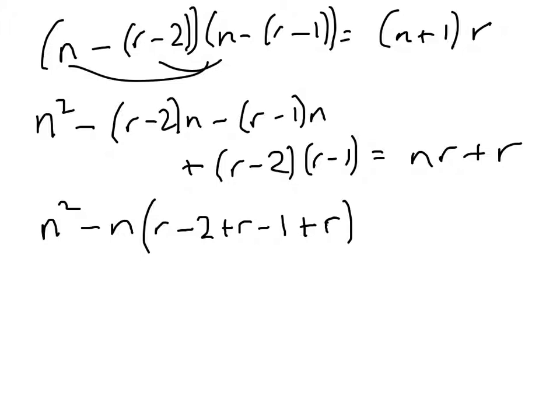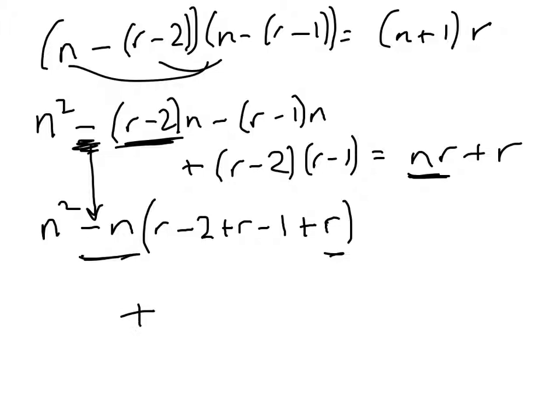plus r. Now what I'm doing there is taking out the common factor here of the negative 1. So it's minus n times r minus 2 plus r minus 1. I'm subtracting nr from both sides, so that's here. I've got minus nr.